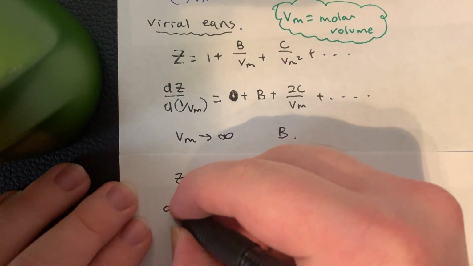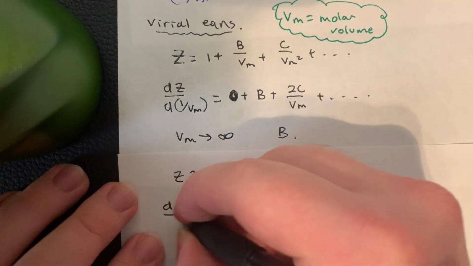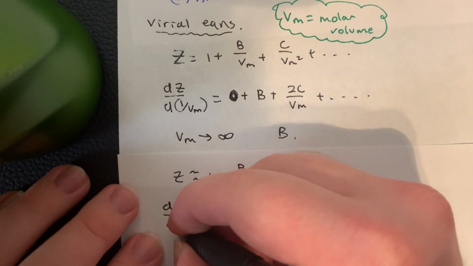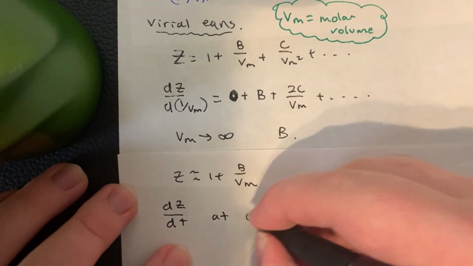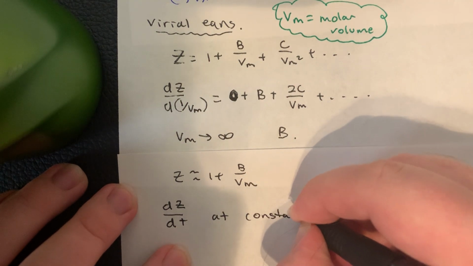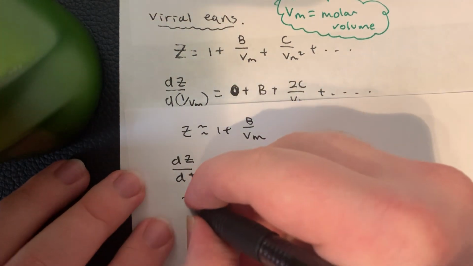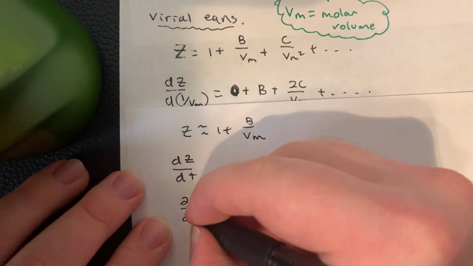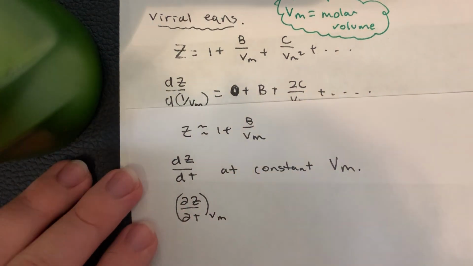Now, what if I wanted to find dz dT at constant Vm, molar volume? So we would write this as partial z, partial T at constant Vm.